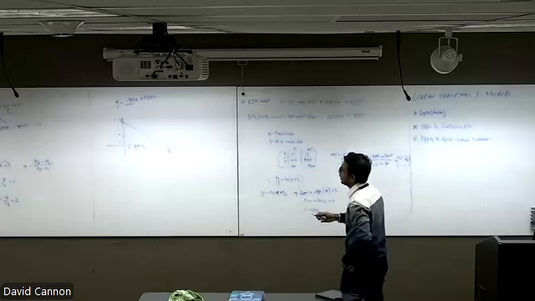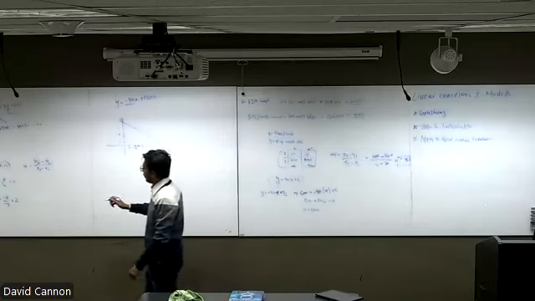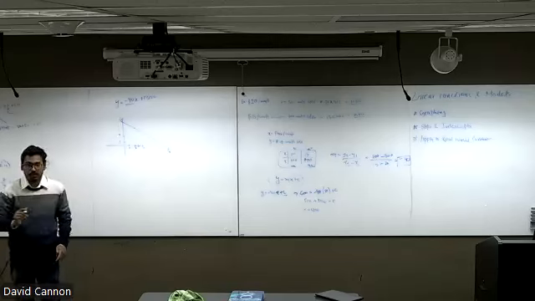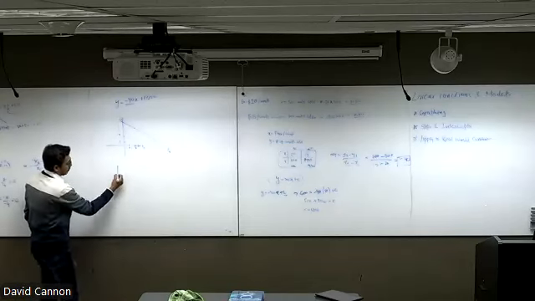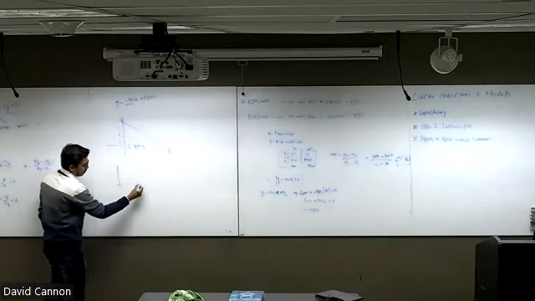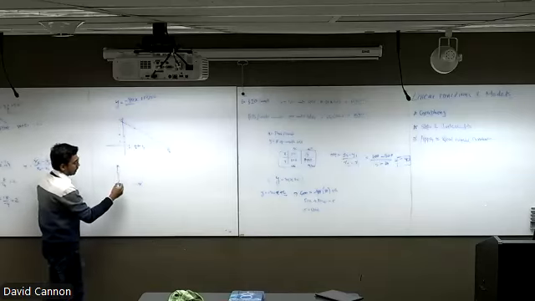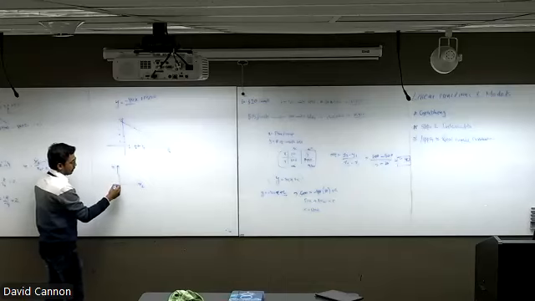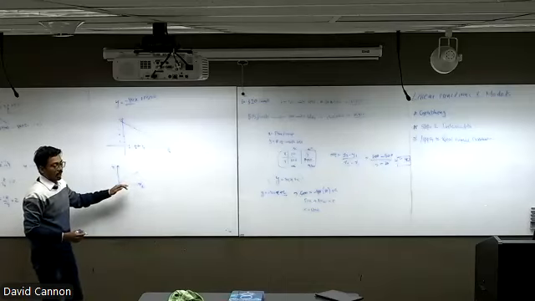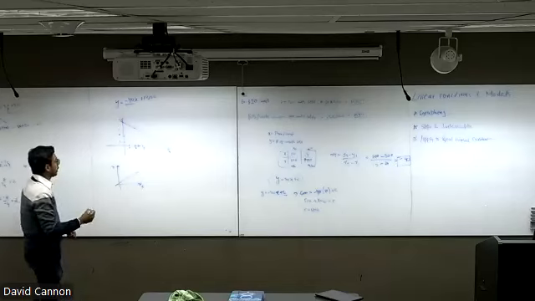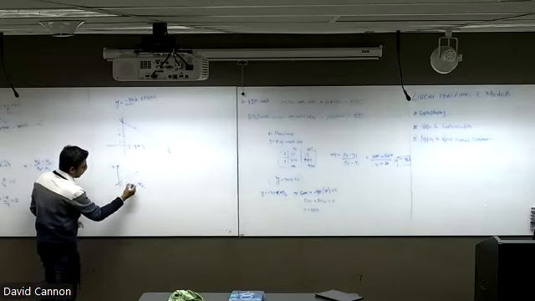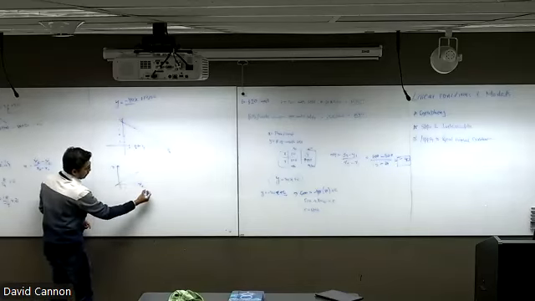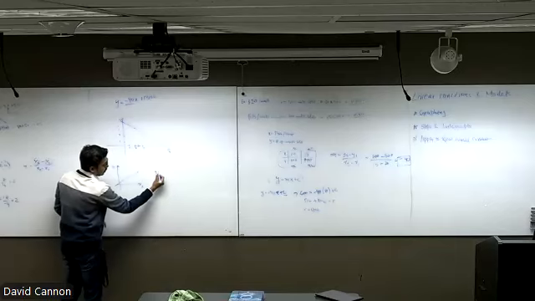Oh, slope usually, because X and Y could be anything, right? So let's say in a physics class, you might see time and then distance, right? When you calculate the slope, let's say slope is what?